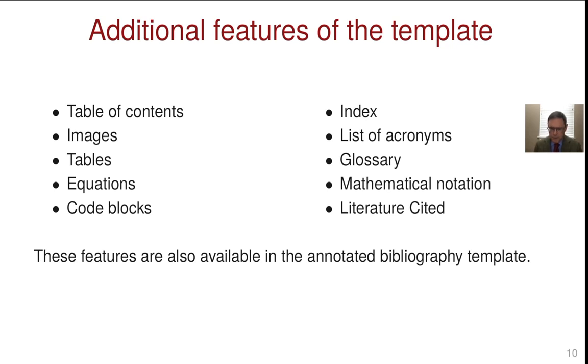It takes no effort to add these in, so why not have them available? These features are also available in the annotated bibliography template, which helps make that annotated bibliography far more relevant and interesting.